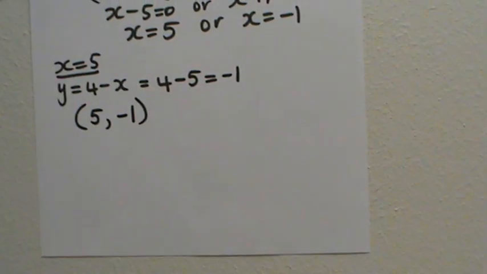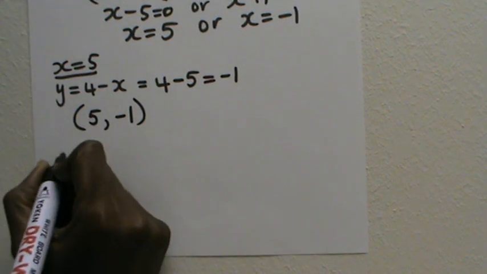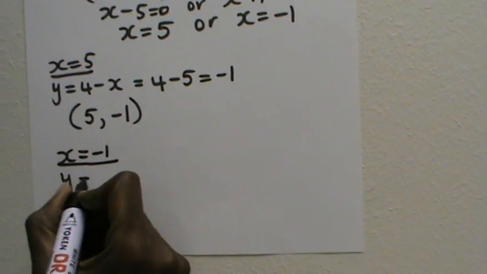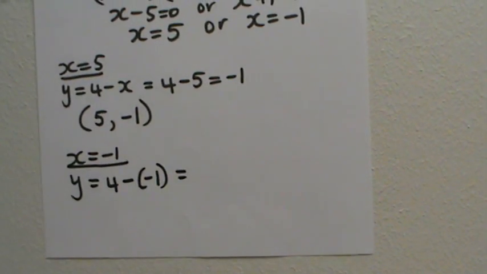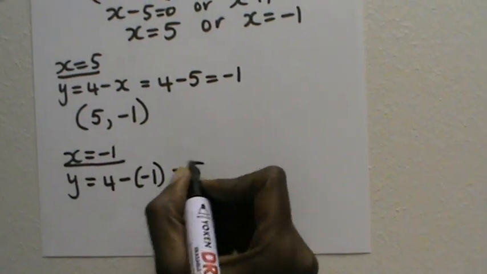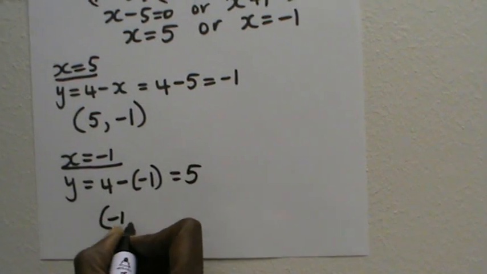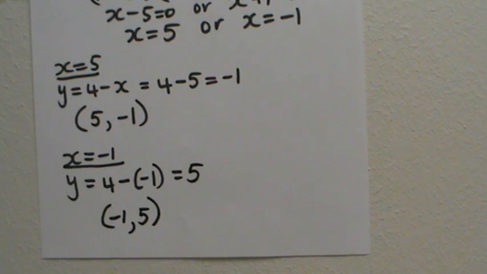So you know that the first term is the x term, the second one is the y term. And then when x is equal to -1, I can work out y is equal to 4 minus -1. 4 minus -1, this is equal to 5. So I write this as a pair. The x value is -1 and the y value is 5.